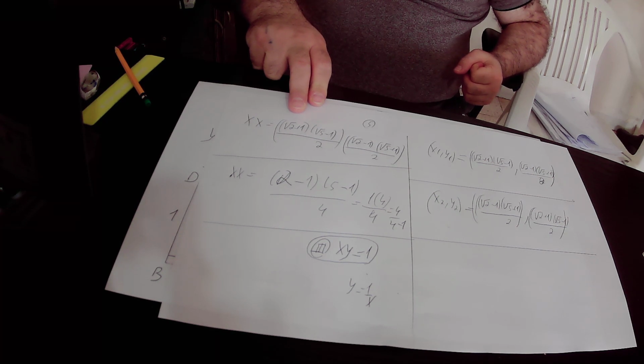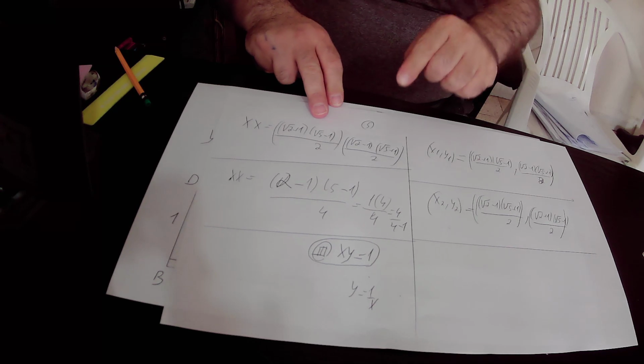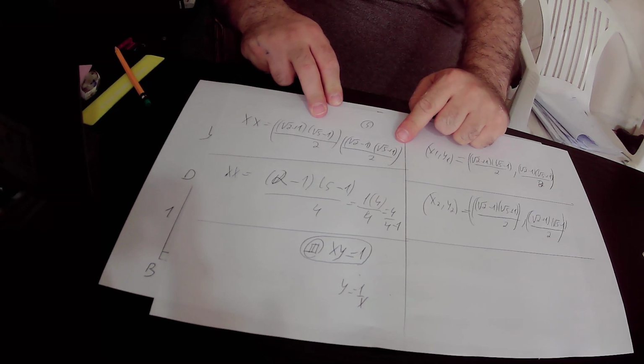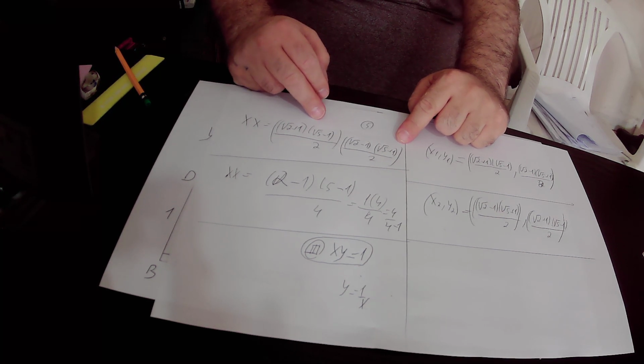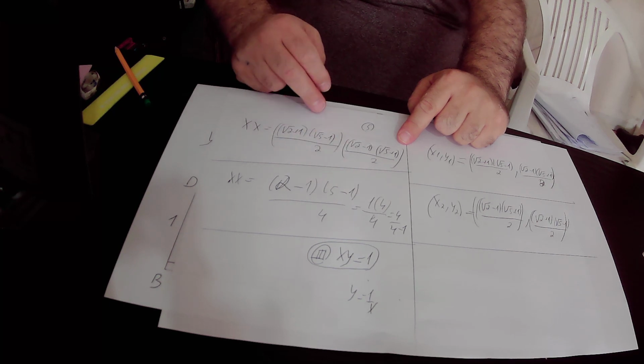So it is 2 minus 1, and then we have square root of 5 minus 1 times square root of 5 plus 1, and according to the algebraic identity that a plus b times a minus b equals a squared minus b squared, here a is square root of 5, so a squared is 5, minus b squared, b is 1, so b squared is 1.